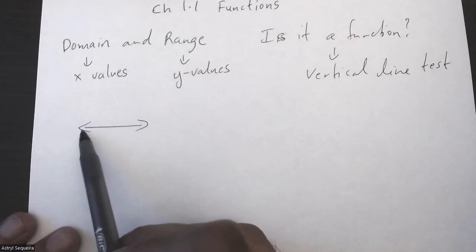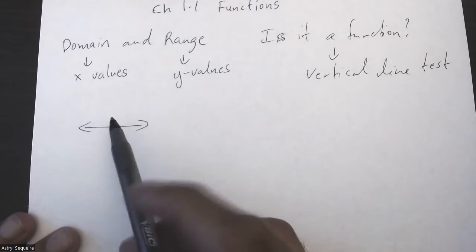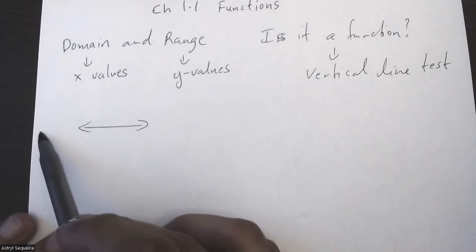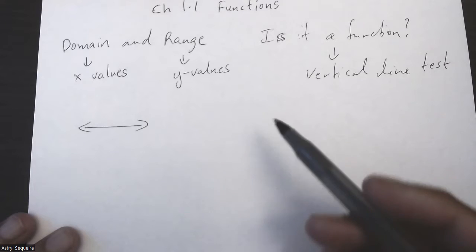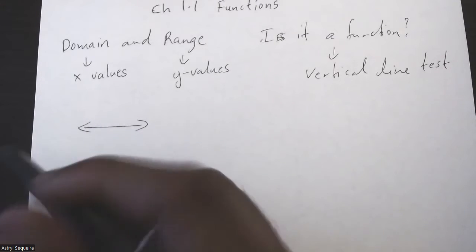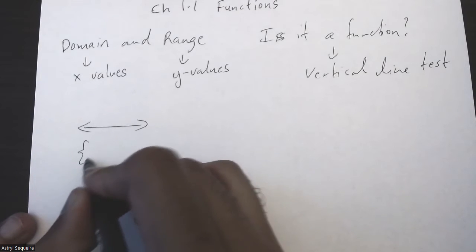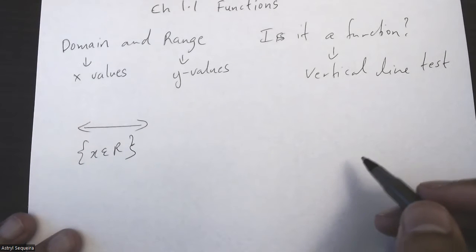So this just means that x can take any value. X can be -5, x can be +10, x can be 1 million, x can be -1 billion, x can be 0.00005. X can be any value if you have a function that spans like this, which means that our domain is just all real numbers.